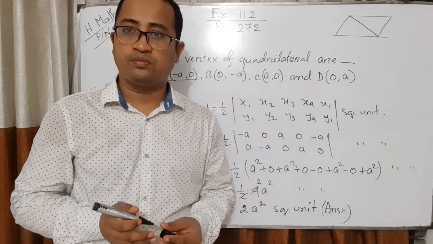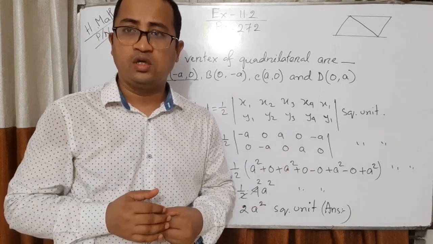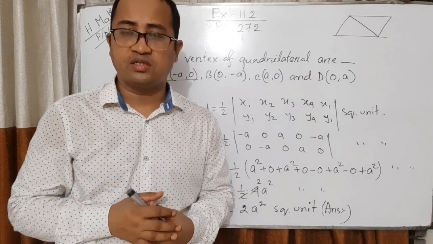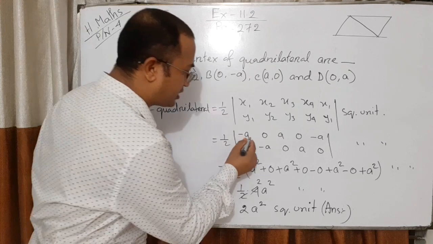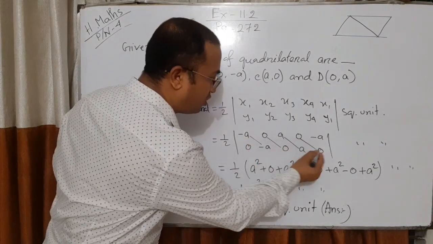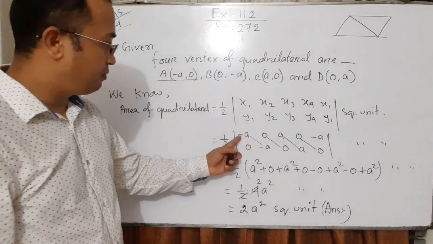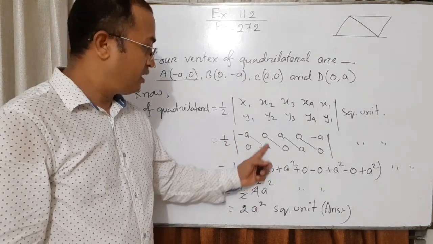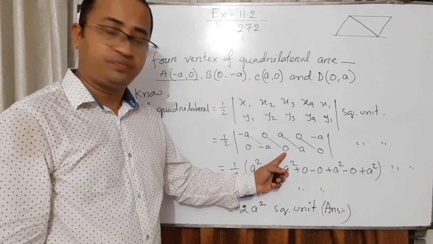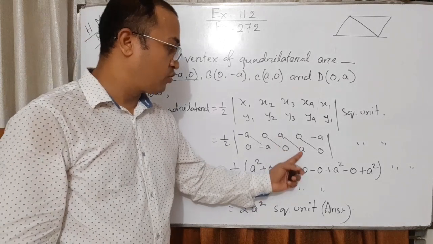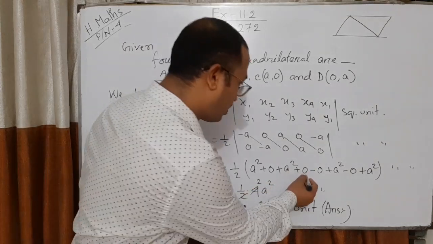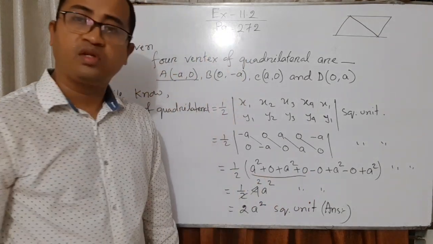Now the calculation. You have already learned how to calculate this. At first we multiply these numbers. Minus a times a is a square, 0 minus 0 times 0 is 0, a times a square, 0 times 0 is 0. These four will be added.